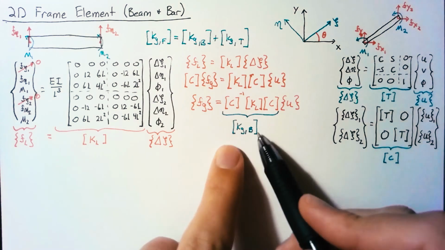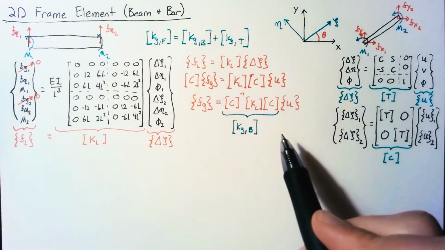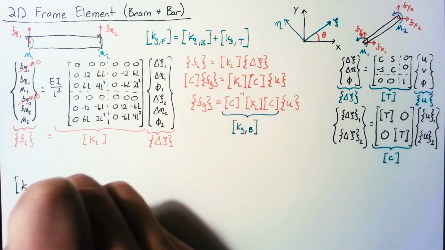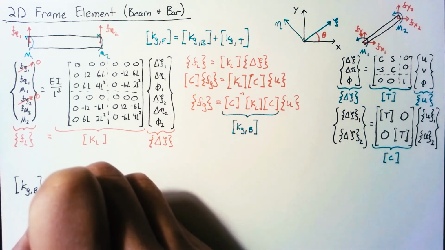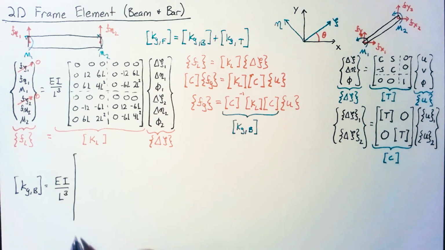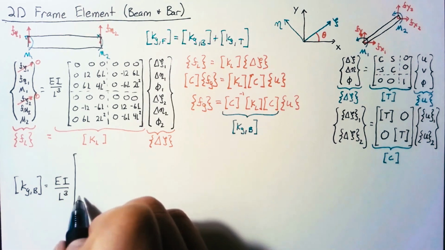So at this point, let's go ahead and write out exactly what the global stiffness matrix for the beam and the truss are. So for the beam, everything, of course, is going to be pre-multiplied by this EI over L cubed.